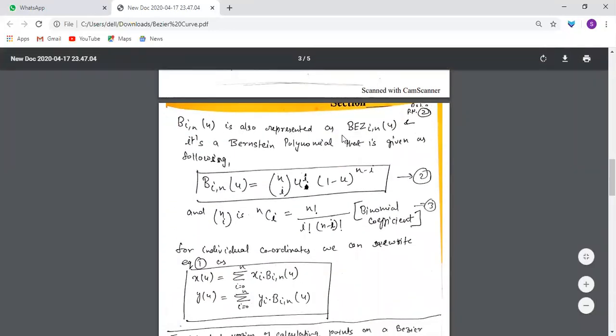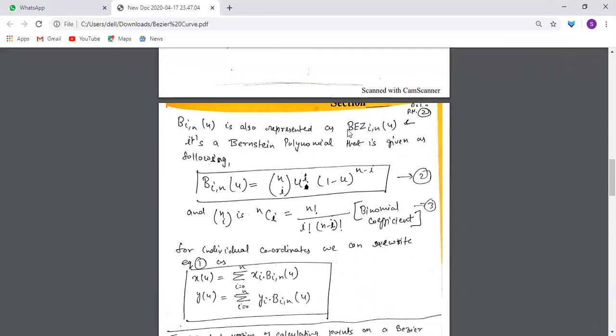Bin of u is also represented as Bezier of in of u. In some books they use this convention also. Instead of writing b, they write bez. This particular part that we are calling a basis function is basically a Bernstein polynomial.